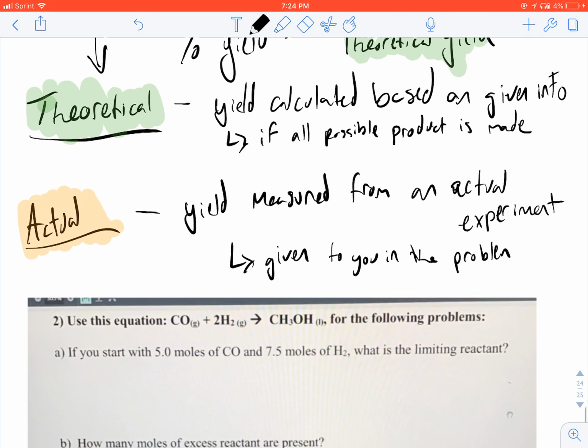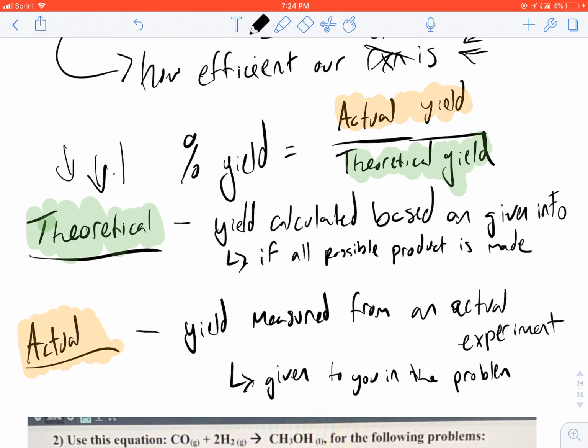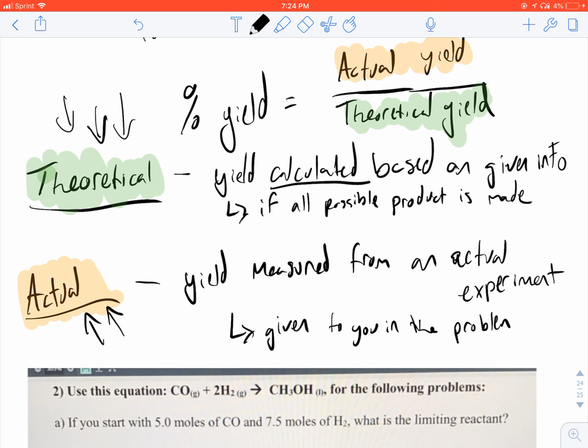Okay, so we have a theoretical yield, which we have already been dealing with. It's something that we calculate based on the given information. And then we have this actual yield. The actual yield, again, is something that if we were actually doing this experiment, we could measure the amount of product made for whatever reaction, and we would know our actual yield from the experiment.